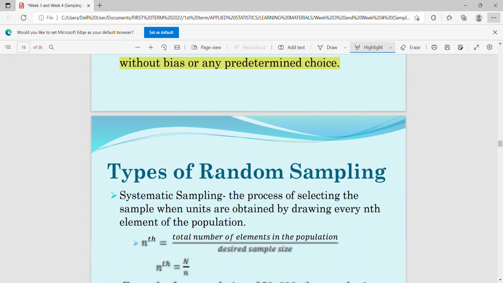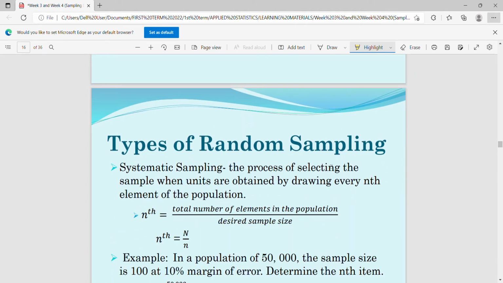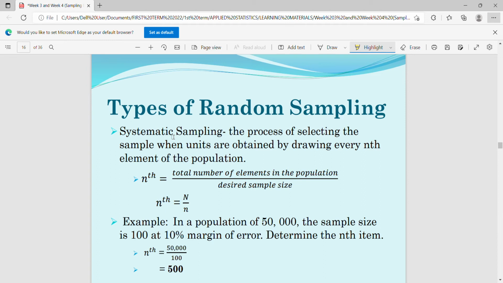There are types of random sampling. We have systematic sampling, which is the process of selecting a sample when units are obtained by drawing every nth element of the population. This is the key term so that you can determine that a particular study is using systematic sampling. How to get the nth element?